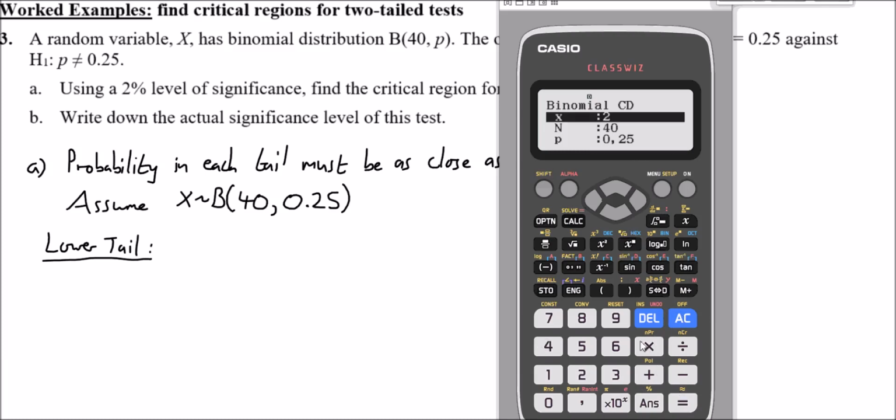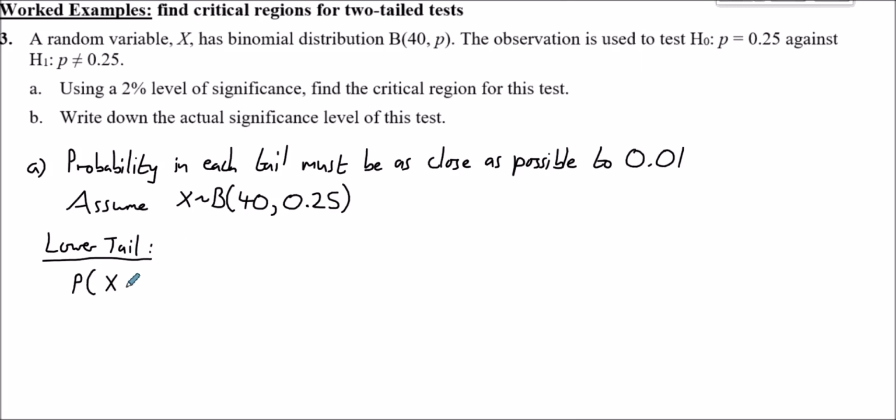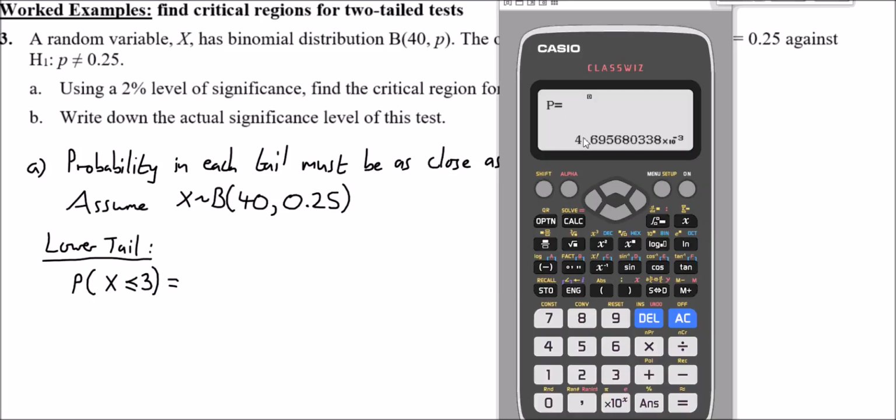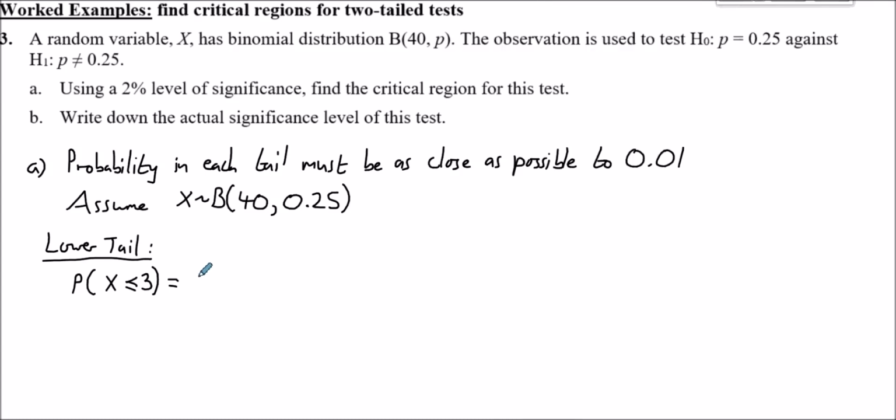Try 3. Okay, this might be worth recording. So the probability of having up to and including 3 successes was about 0.0046.